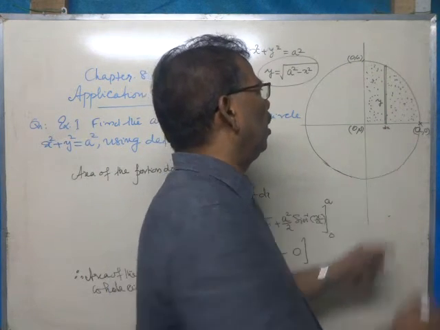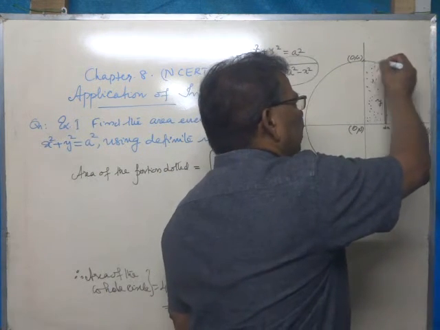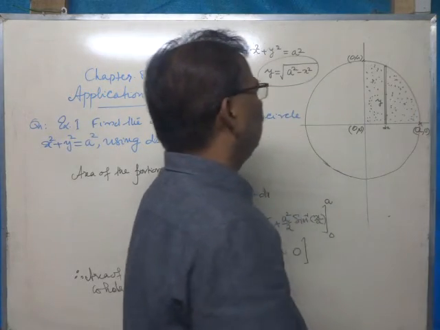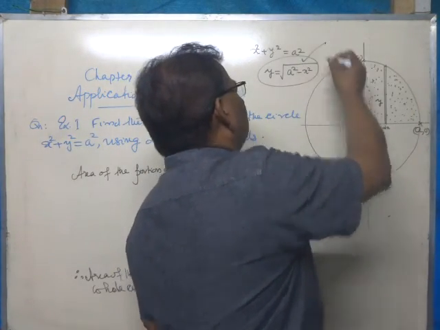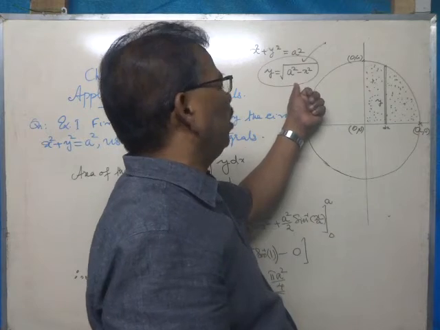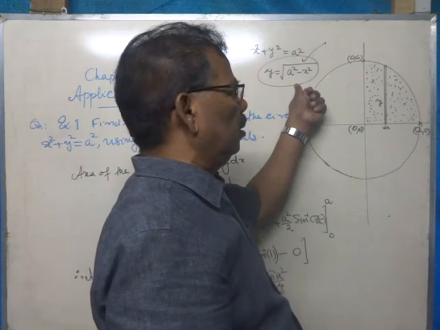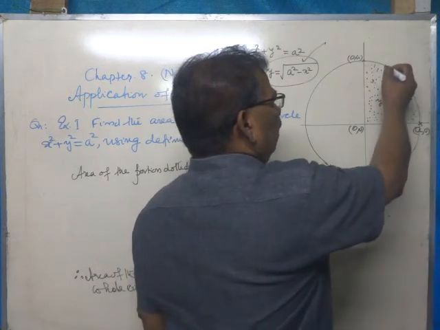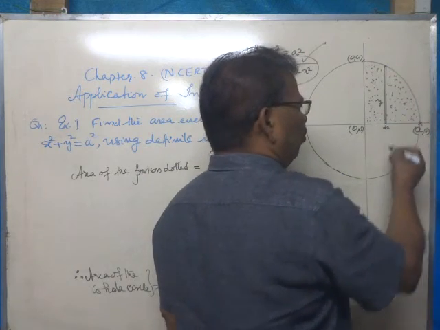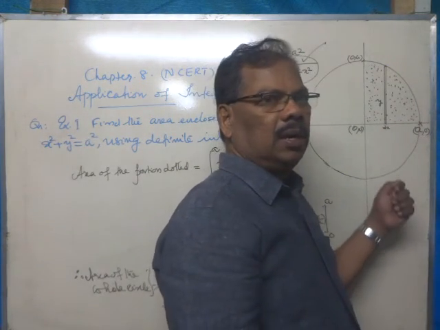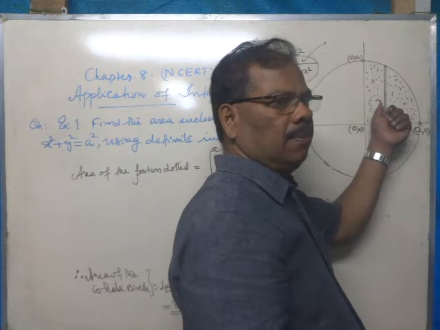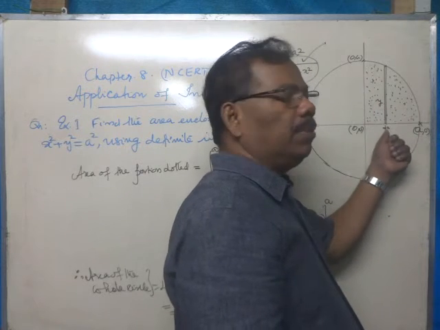Then considering this curve, it can be written as y is equal to square root of a square minus x square. If we take a small rectangle of width dx and height y, its area will be y dx.